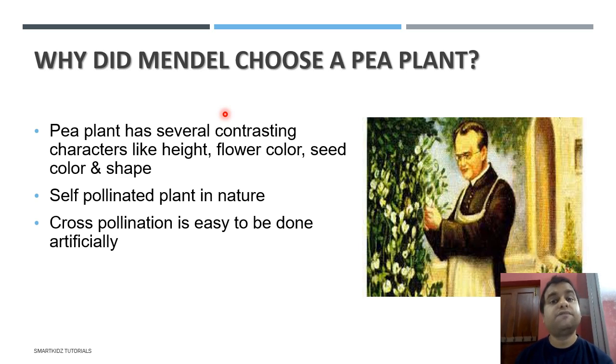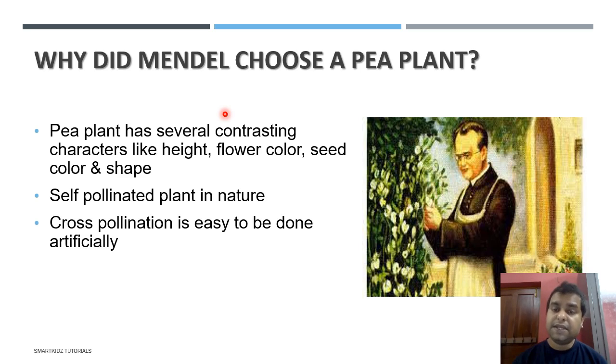These are the agents of pollination. So he carried out cross-pollination artificially. That is, he made sure that he himself transferred the pollen. He didn't depend on nature, some insects or some wind, to carry out this pollination. By nature, it was happening by itself. That means by nature, it was happening within the same plant.